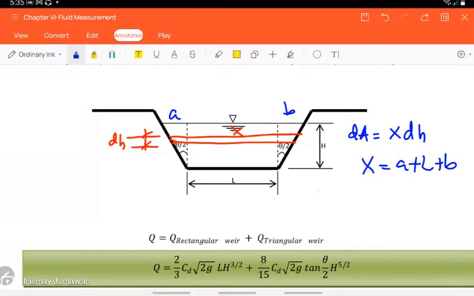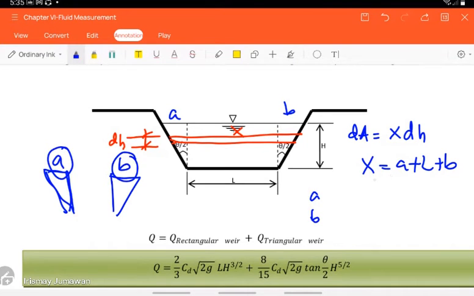You have to determine the a and the b using ratio and proportion. You get the A and the equation, then you substitute it to this equation.